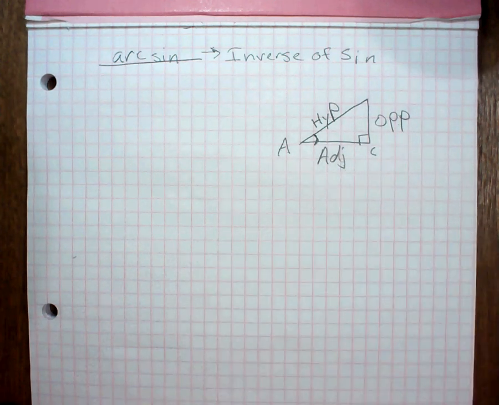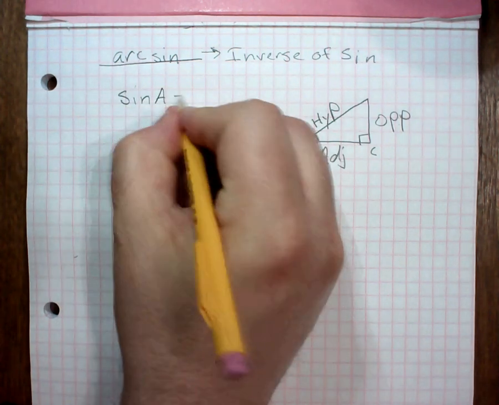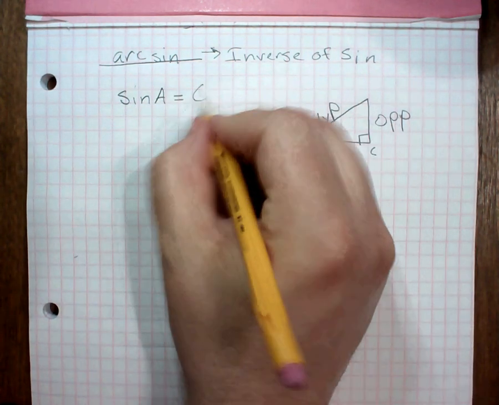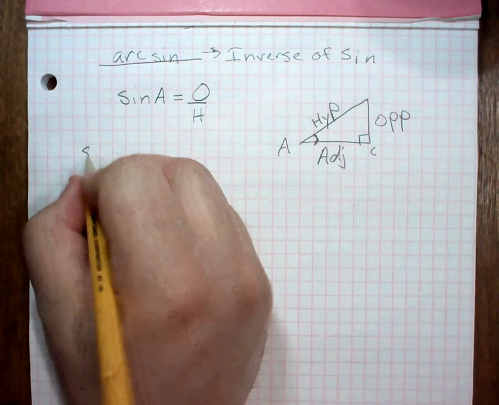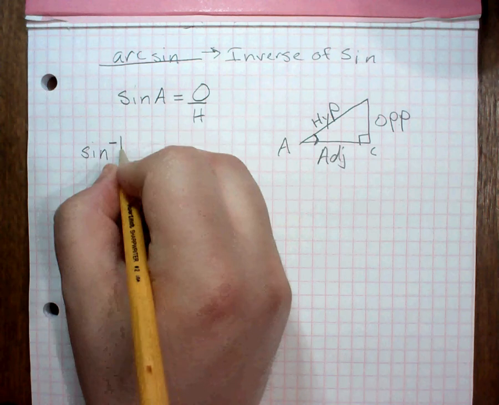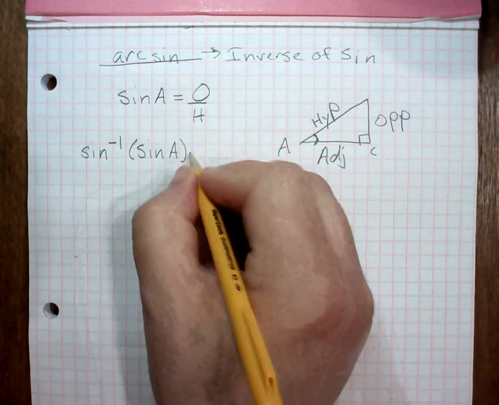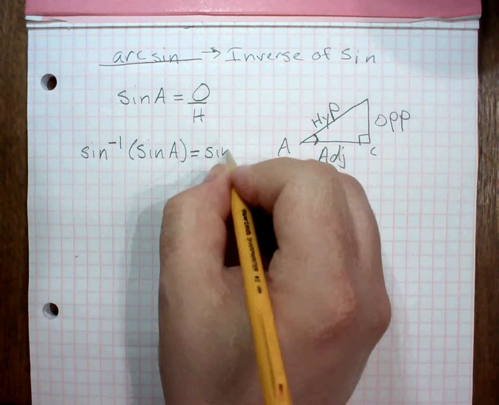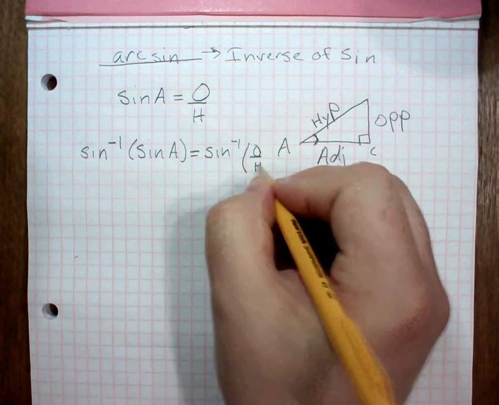side. So if the sine of A is equal to the opposite over the hypotenuse, then the arc sine of A is equal to the arc sine of the opposite over the hypotenuse.